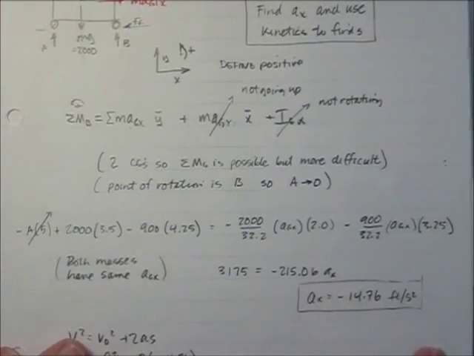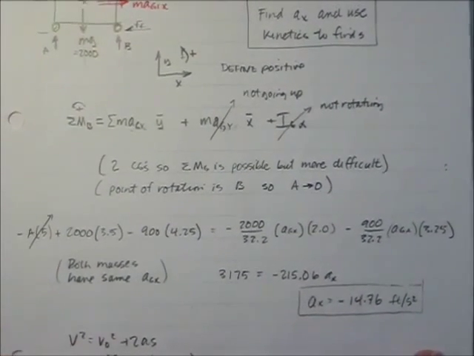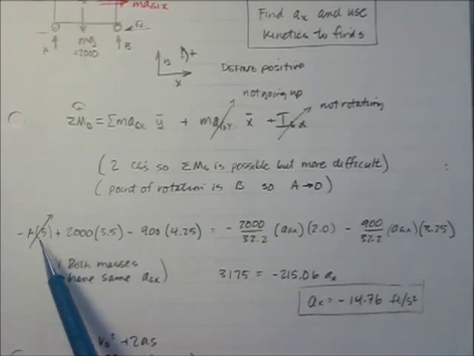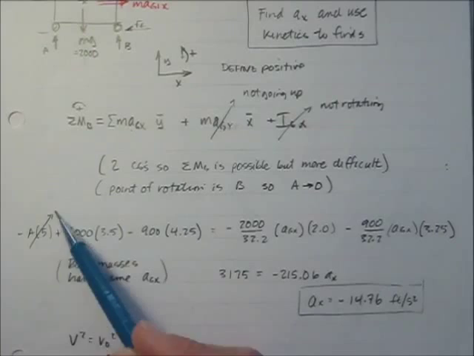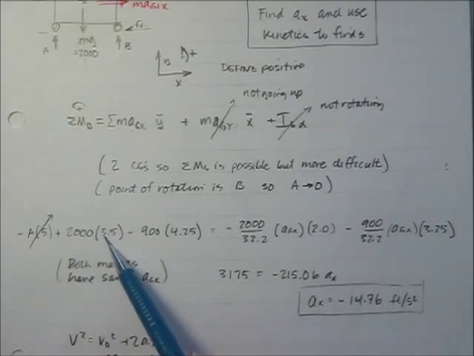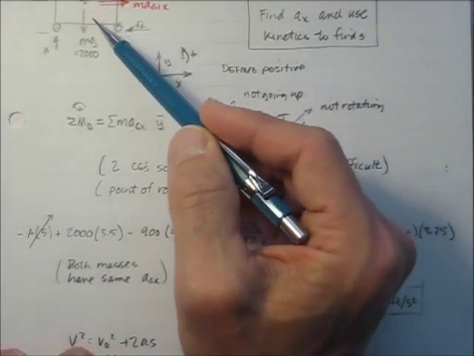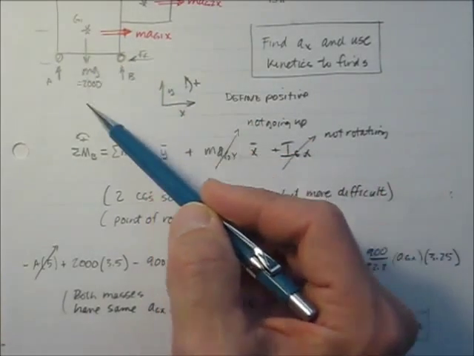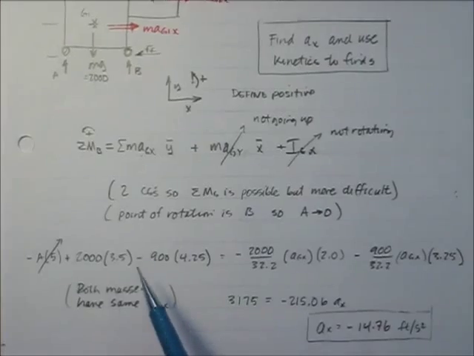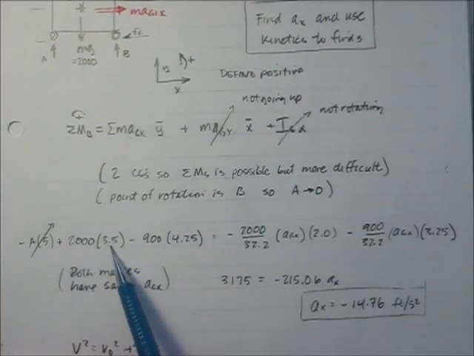All we have to do now is just plug this into our equation, and we say that A times its distance, this is 5 feet, that goes to 0. I have 2,000, which would be this mg, times this lever arm, and that's going in the positive direction, the counterclockwise direction as I defined it, so that's 2,000 times 3.5.